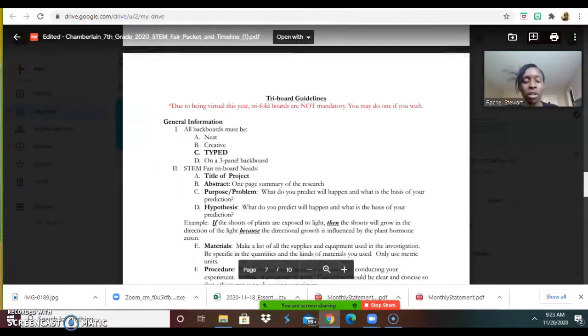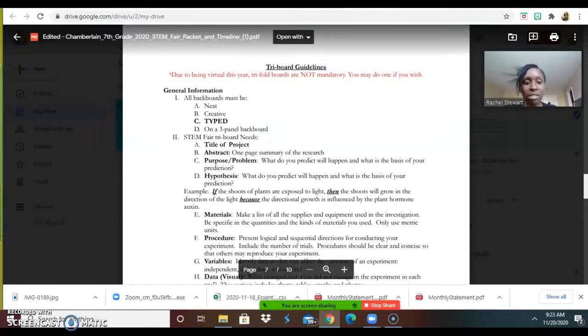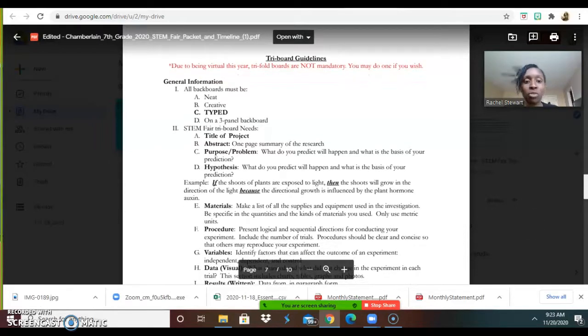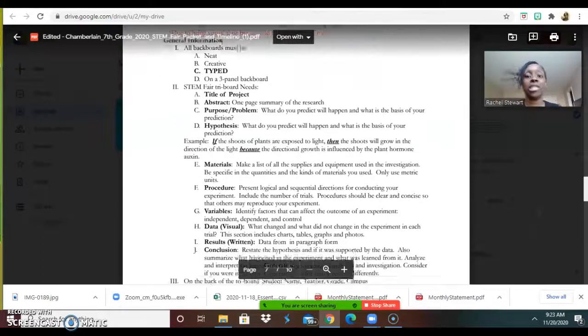Okay, if you choose to do a triboard, here's the guidelines for that. But due to being virtual this year, trifold boards are not mandatory. But you can do one if you wish. So if you do one, then you record yourself explaining your trifold board. All right. So, if you do one, your board should be just like this.